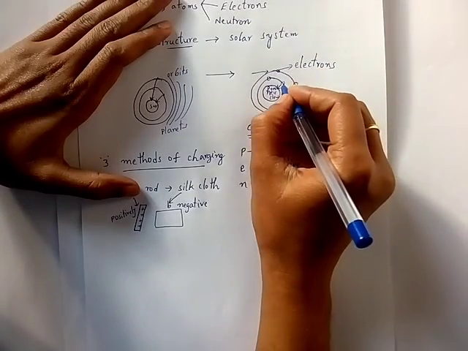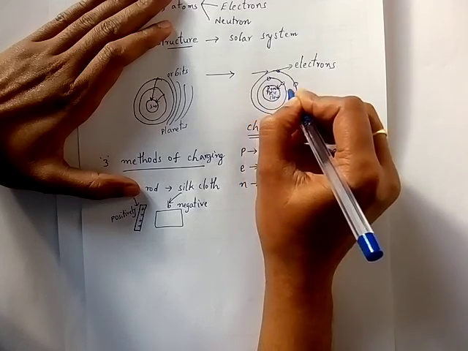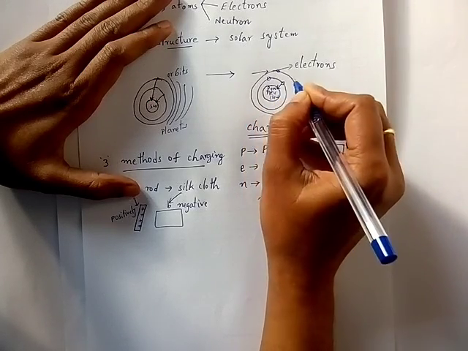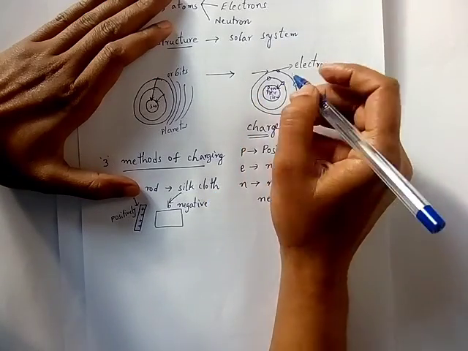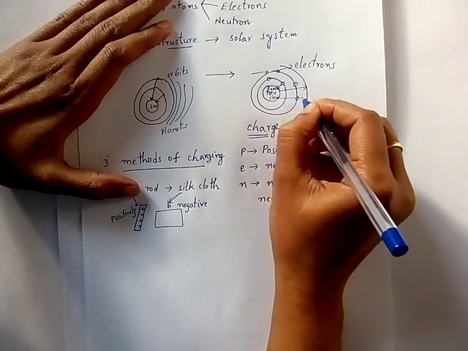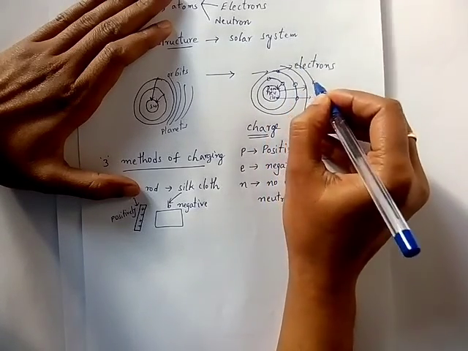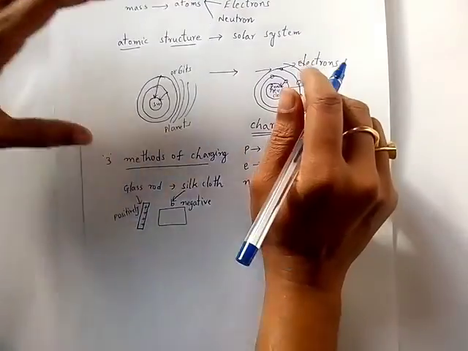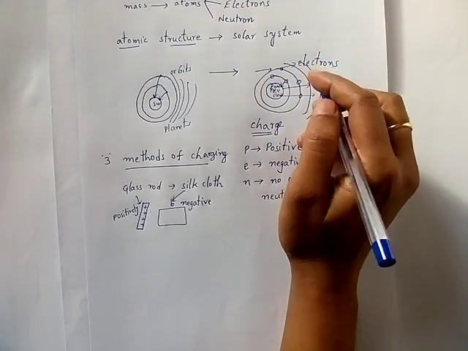In the same way, all the electrons revolve around the nucleus in their own orbits. As the orbits go farther from the nucleus, this attraction force gradually decreases.